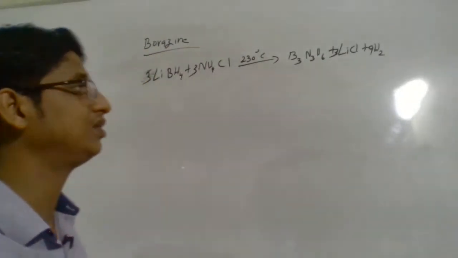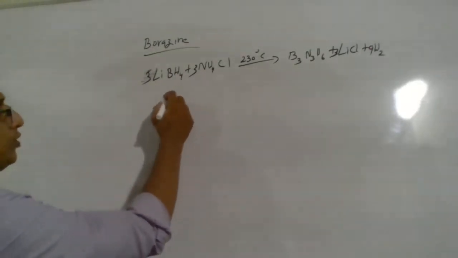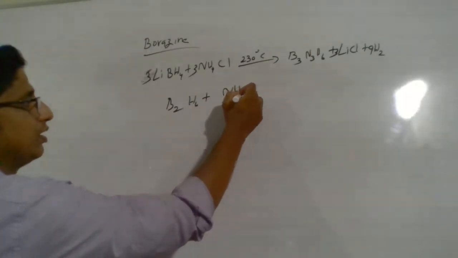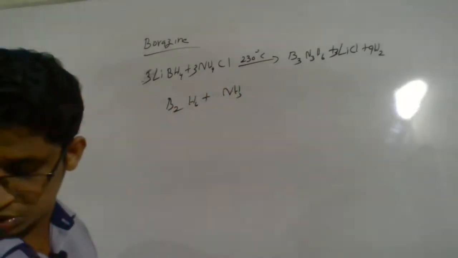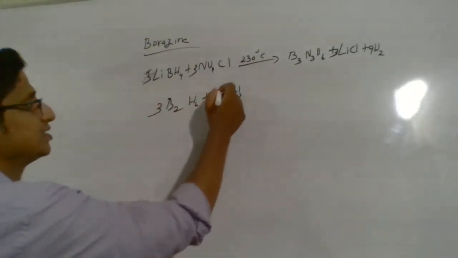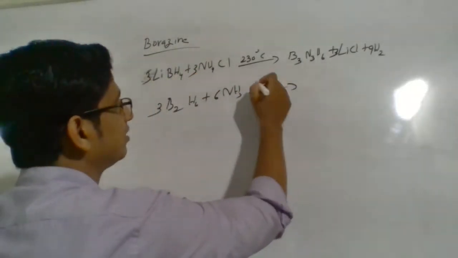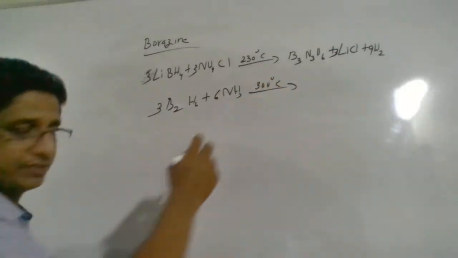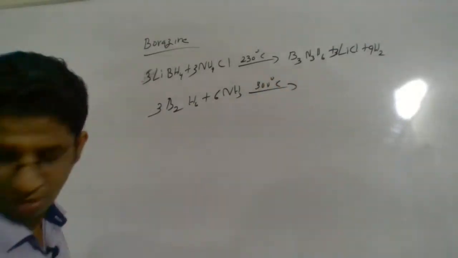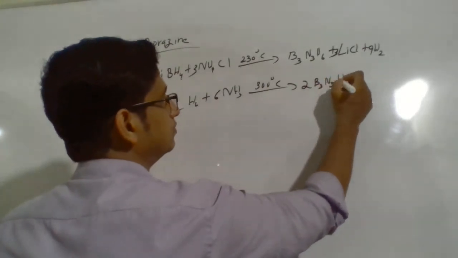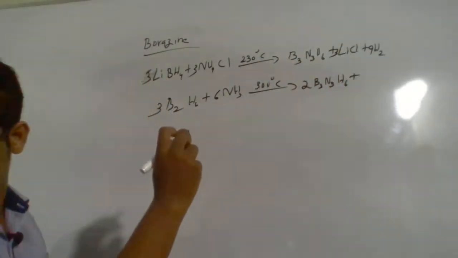Next is treating diborane with ammonia, in a ratio of 1:2, that is 3 moles of diborane and 6 moles of ammonia. When it's treated at a higher temperature, 300 degrees Celsius, you will see Borazine forming again.